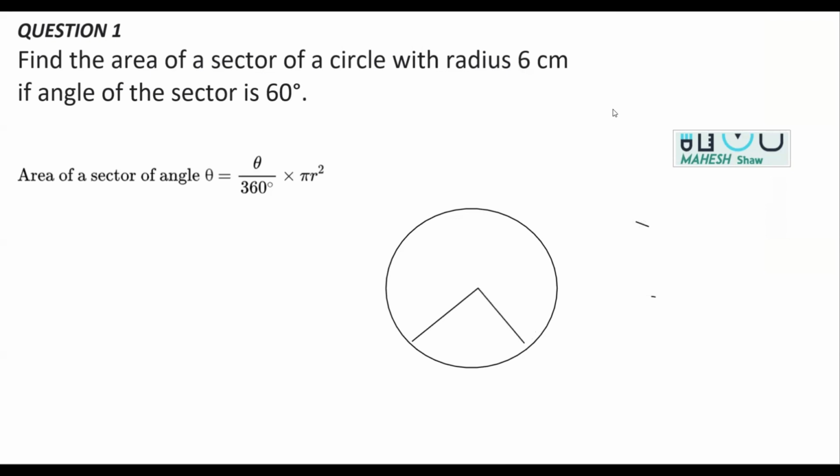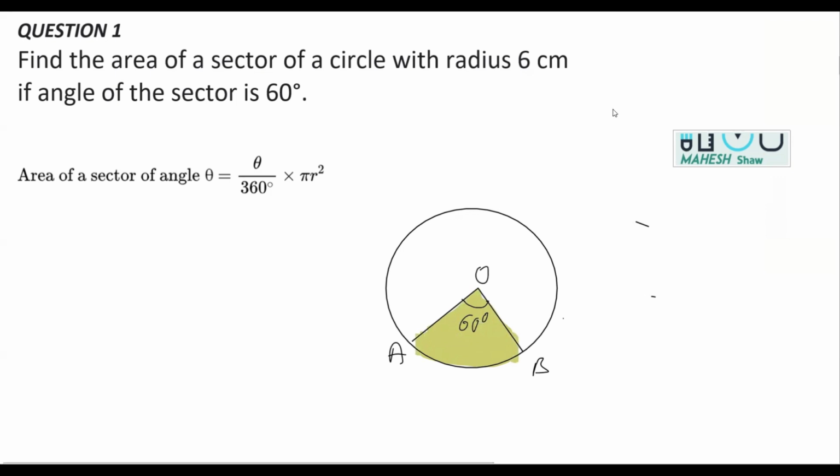All right, one line seems to be bigger, but it's okay. So this is what I name OAB, and the central angle of the sector is given. All you have to do is to find the area of this sector.